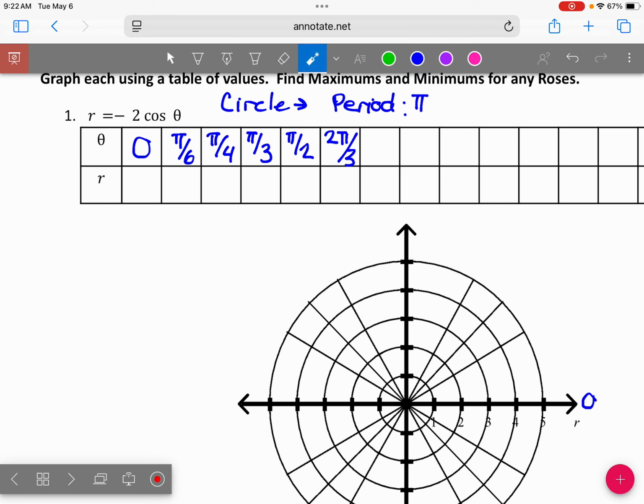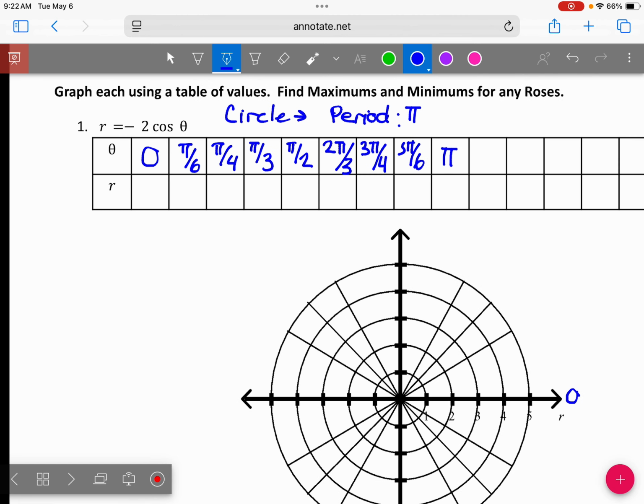So it's like picking x's to find y's. We're picking thetas to find our r. 3 pi over 4, 5 pi over 6, and we're going to go all the way up to pi.